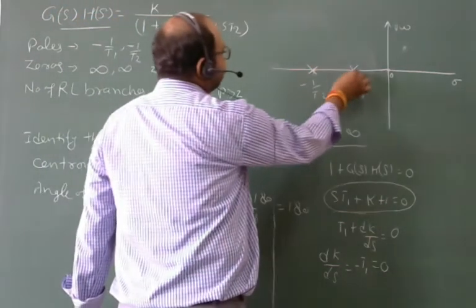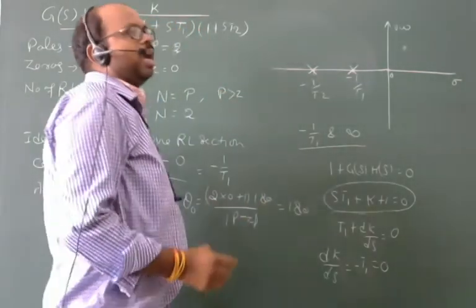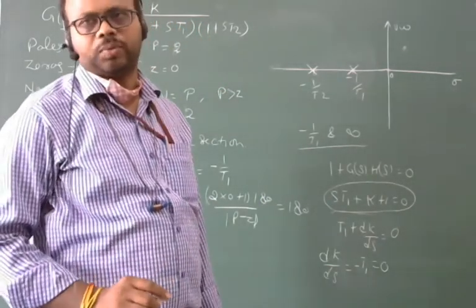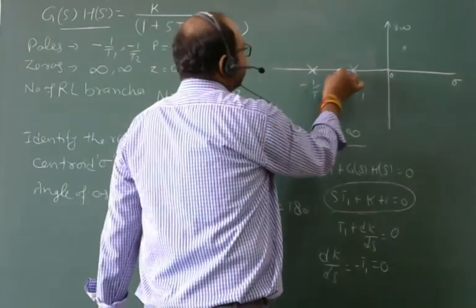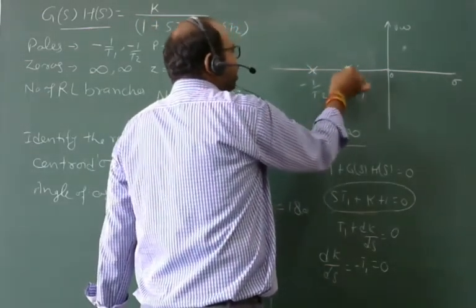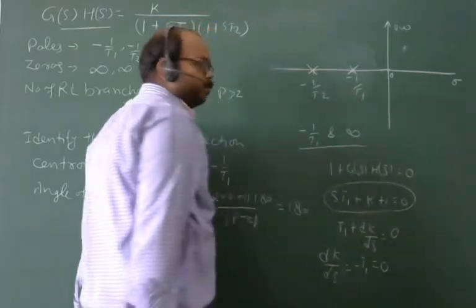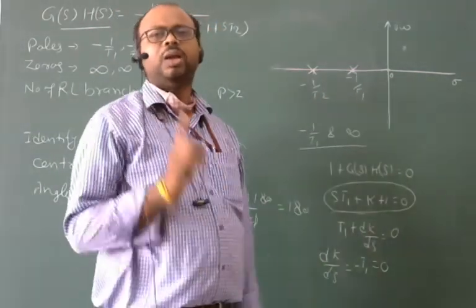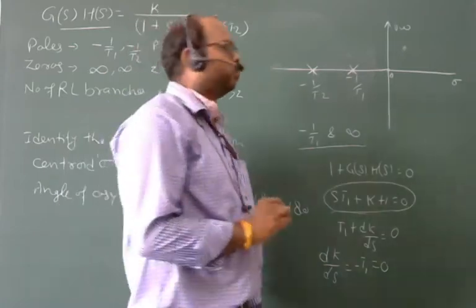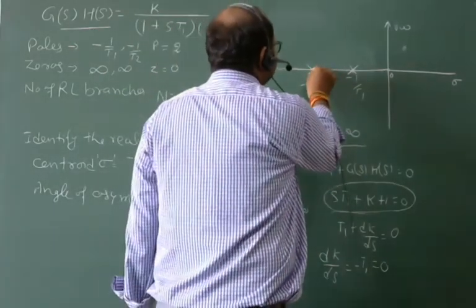One section is here and one section is here. Identify in which section root locus will exist. In the right of this section, I have only one root, and therefore root locus will exist in this section.